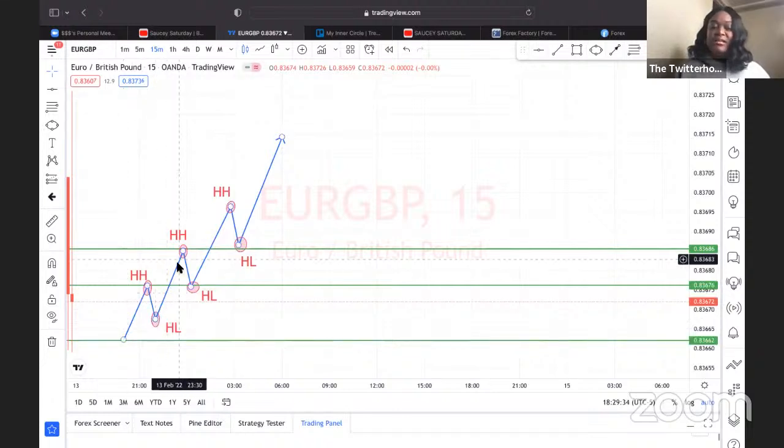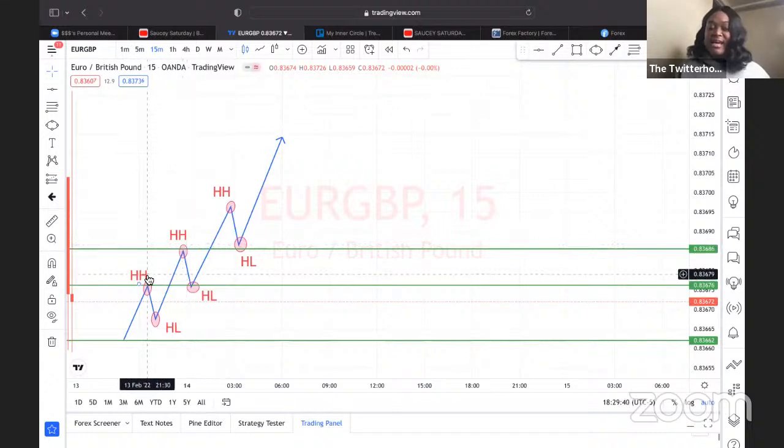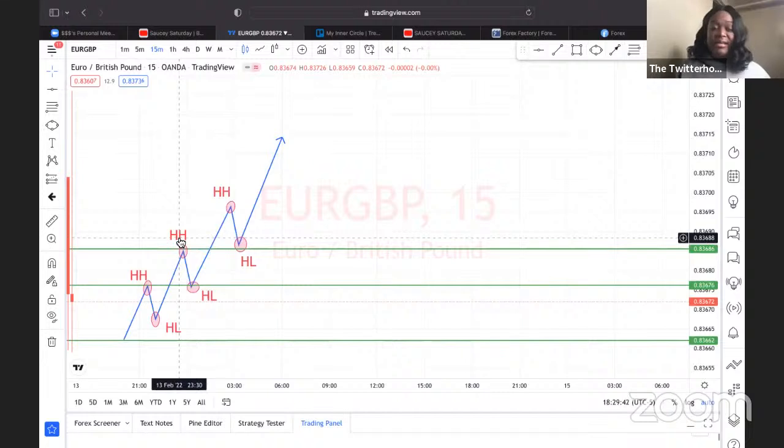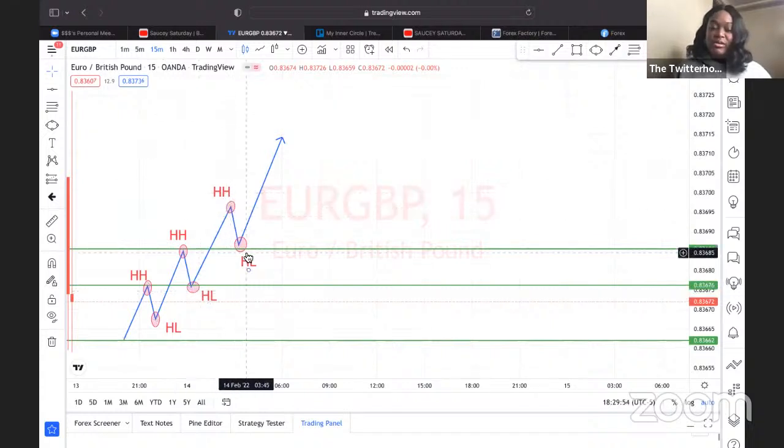And then the next high, it's higher than this last high. So it's a higher high, right? And then this next dip, it doesn't come down to this last one. So it's a higher low, higher high, higher low, right? So that's how you know you're in an uptrend.